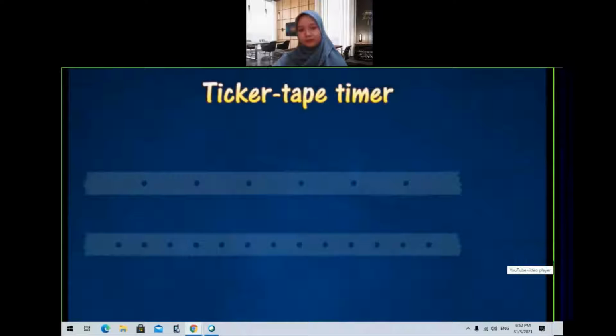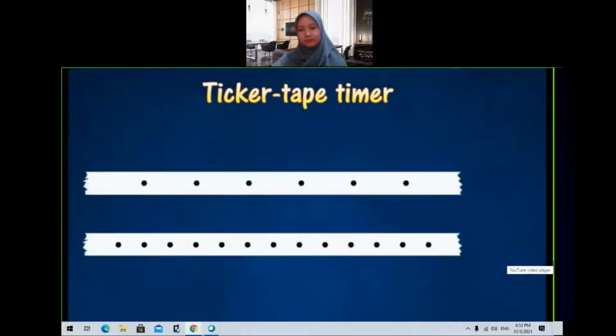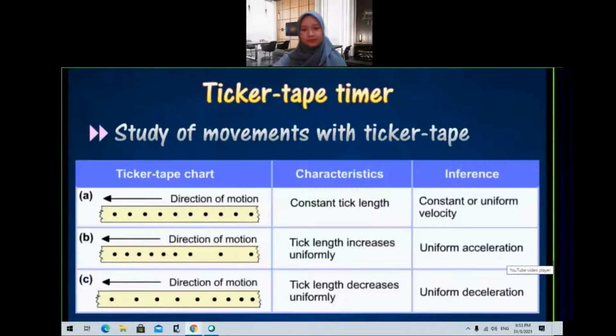The distance between successive dots on a ticker tape depends on the velocity of the tape. If the tape moves quickly, the dots are far apart. If the tape moves slowly, the dots are close to each other. Changing distance between successive dots on the ticker tape indicates a changing velocity, and thereby indicates that the ticker tape is accelerating or decelerating.